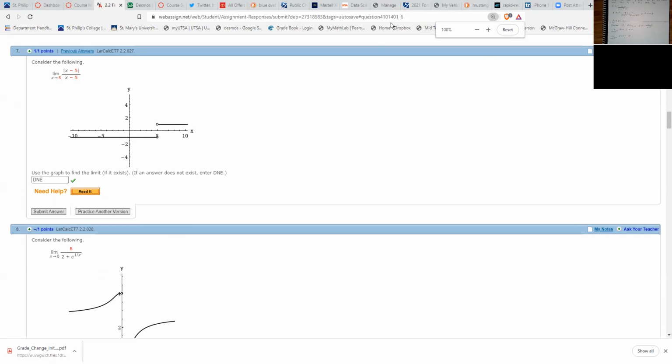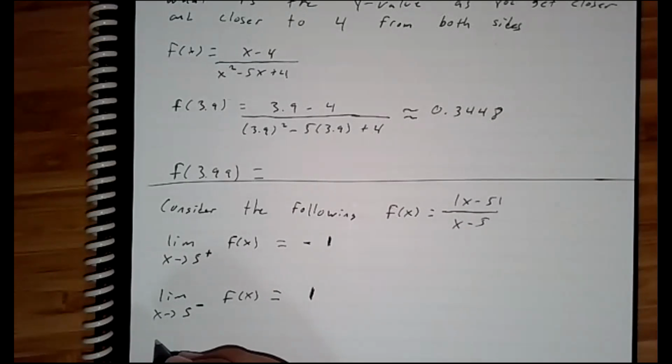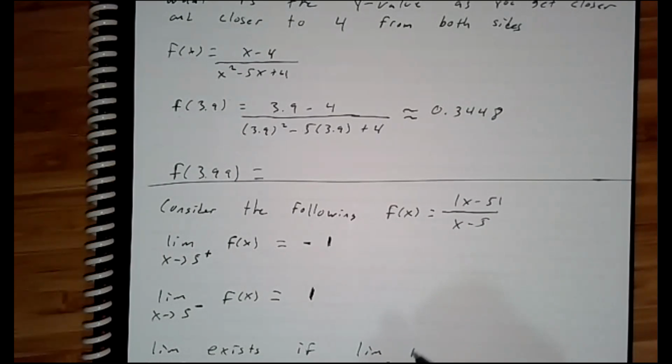So in the videos and in the notes, there's a definition that says that the limit will only exist if the limit from the right and left are equal. So as soon as you see that they're different on both sides, you say the limit doesn't exist.